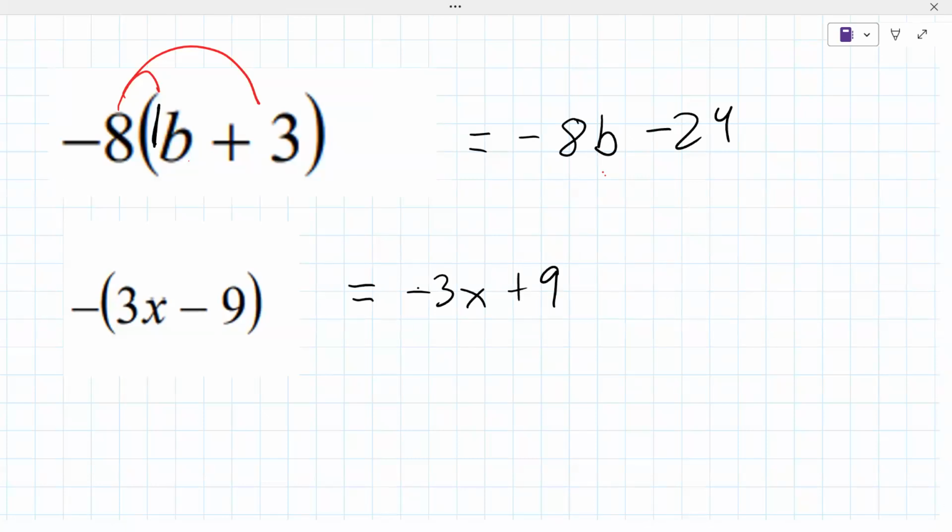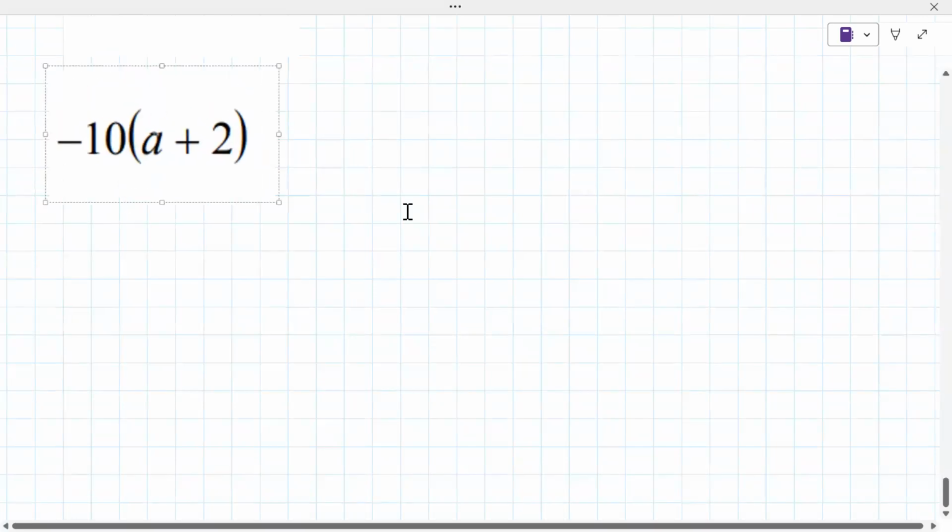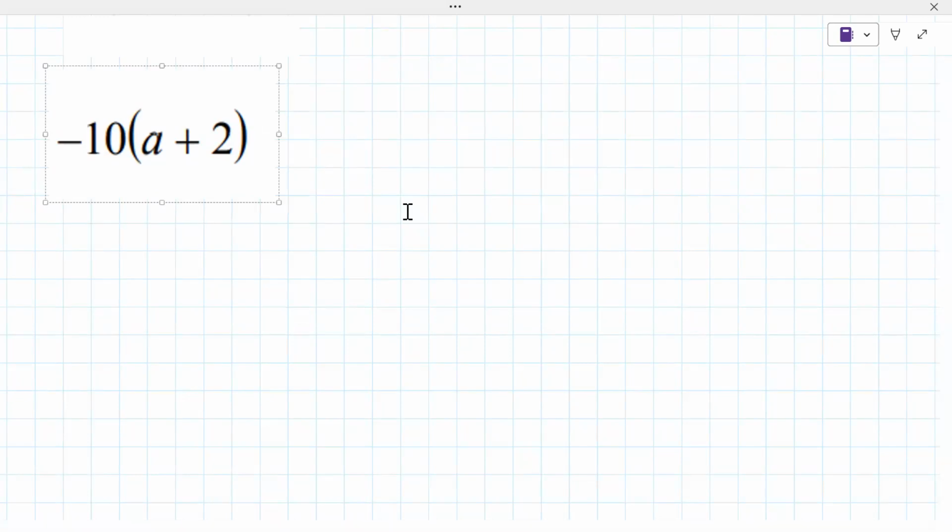Okay, let's try a couple more here. It's really 1a on the inside, if that helps.